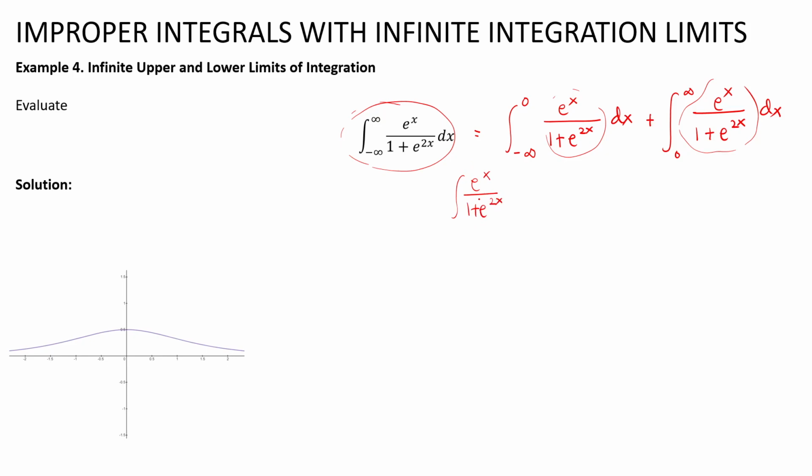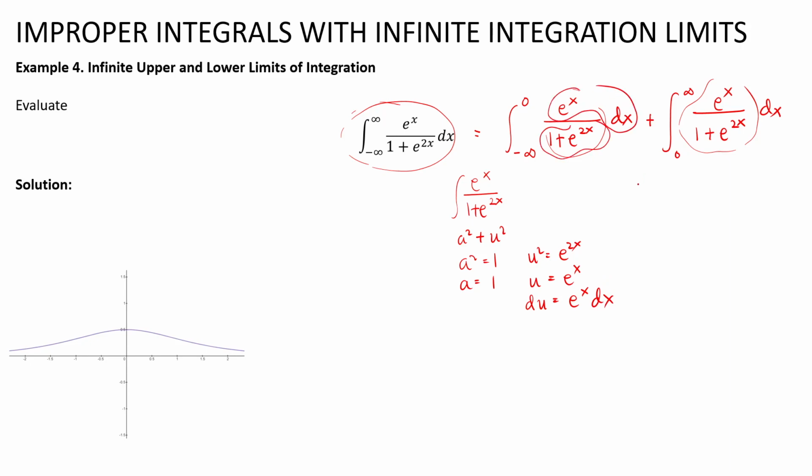This looks like an arctangent formula, a squared plus u squared, di ba? So a squared is equal to 1, a is equal to 1, u squared is equal to e raised to 2x, and then u is equal to e to the power of x, and then du is equal to e to the power of x dx. So e to the power of x dx is your du.